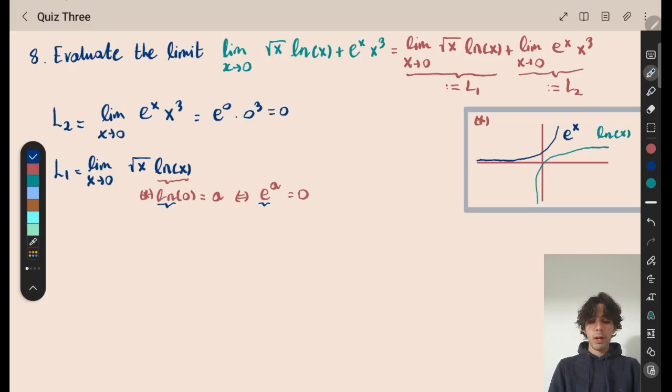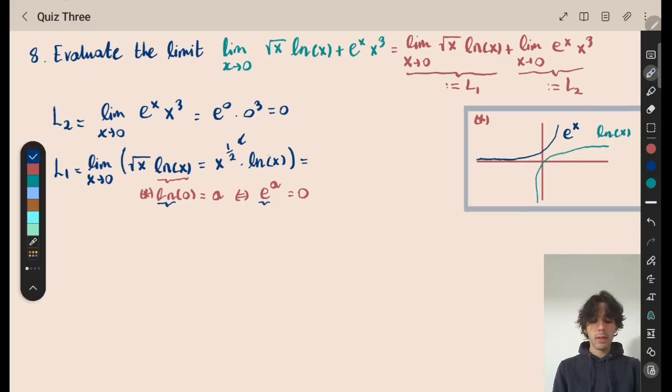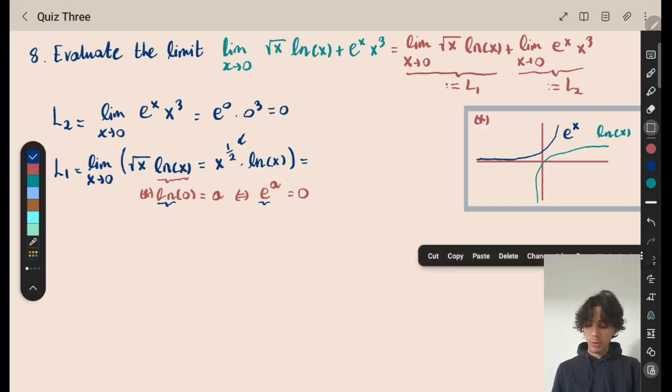Now, notice that I can just simply write square root of x as x to the power of 1/2, and then I'm multiplying by ln of x. And because I'm doing that, then this is a polynomial, and ln of x grows slower than any polynomial.